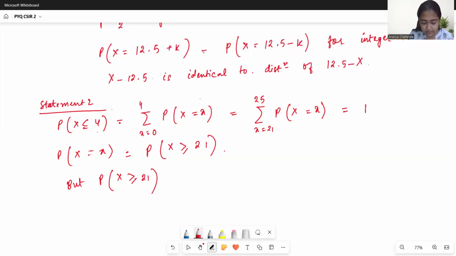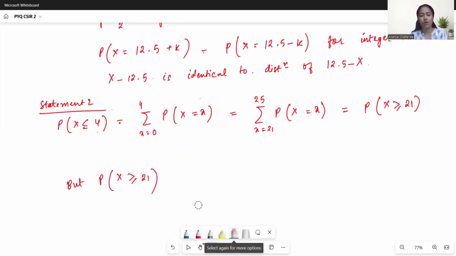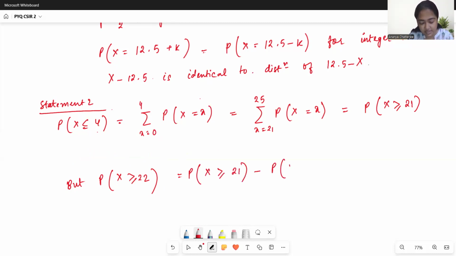That is probability X greater than or equal to 21. But here what we get is probability X greater than or equal to 22 can be written as probability X greater than or equal to 21 minus probability X equal to 21.